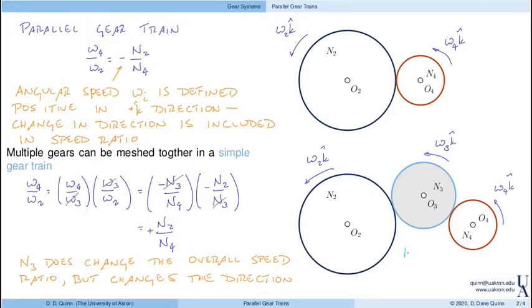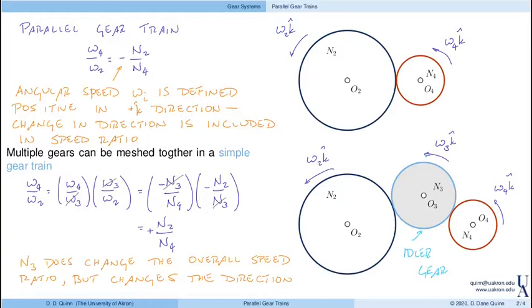This is known as an idler gear. Again, it doesn't change the overall speed ratio, but does change the direction of rotation from the input to the output. These are very common. It's what's in your car transmission.